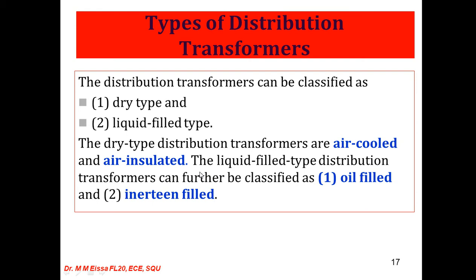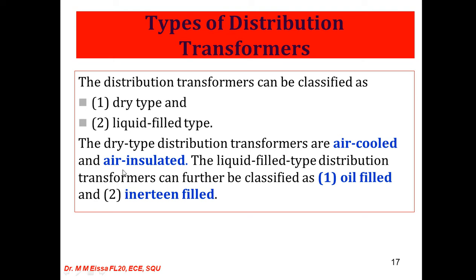Here are the types of distribution transformer. We classify them into two types: dry type and liquid filled type. For the dry type distribution transformer, the method of cooling is air cooled, or air insulated.